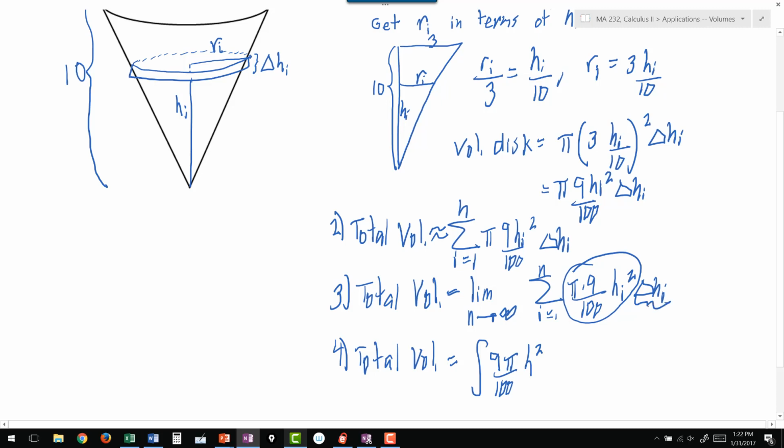And then the delta h sub i becomes the dh. You can think of that as an infinitely thin disk. And the limits of integration are the smallest possible value for h. It could be all the way down at the vertex, so 0 for the lower limit. And it might stretch all the way up to the top of the cone, which would give us an upper limit of 10.